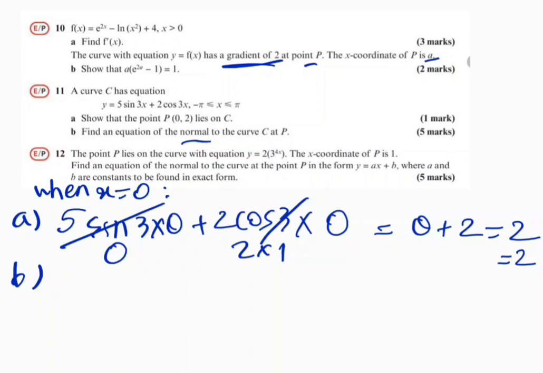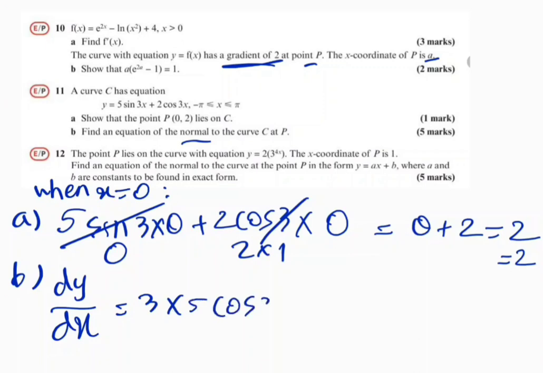Normal to the curve, we learned how to work out the normal to the curve in chapter 5 of Pure 1, one of the first things we learned in A-level maths. Now we can start this question by differentiating the function. So dy by dx is equal to, we have trigonometric functions, and sine differentiates to cos, and you need to consider the inside here, which is 3x. So 5 sine 3x differentiates to 3 times 5 cos 3x.